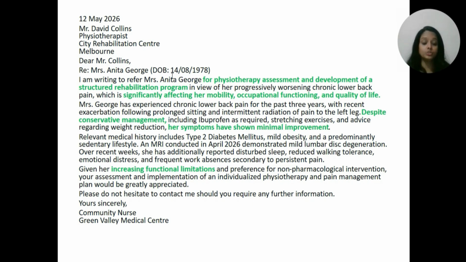This summarizes walking difficulty, work absence, reduced mobility, and daily impact in one elegant phrase. So that's advanced summarization skill. And the overall important thing that I want to tell you here is the response sounds calm, confident, concise, and clinically mature. Nothing sounds emotional or conversational, but at the same time, it still sounds human. That balance is exactly what OET examiners reward.